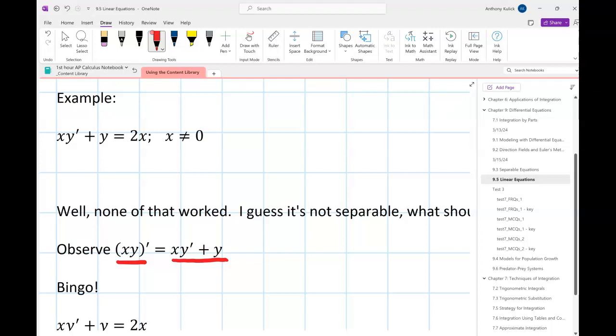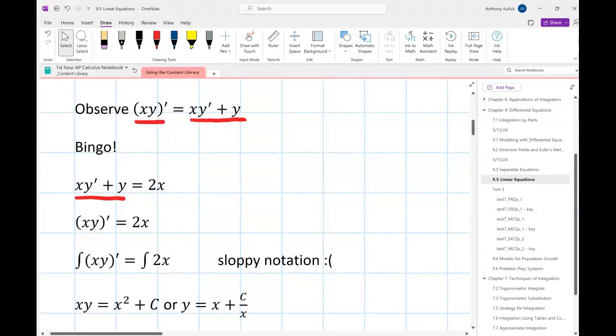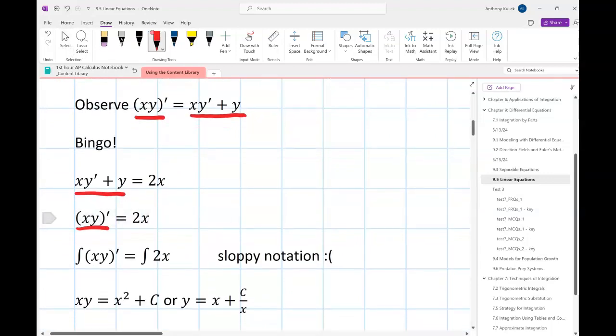Again, you can think of y prime as dy/dx, if that makes more sense. We're differentiating with respect to x. That's my ticket right there, because that allows me to take this side that had the plus in it and just rewrite it as that.